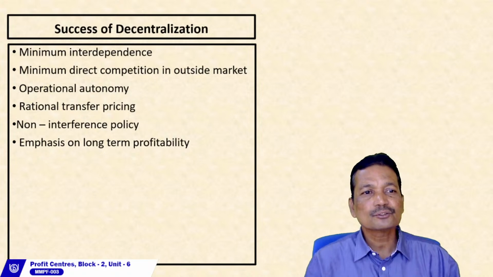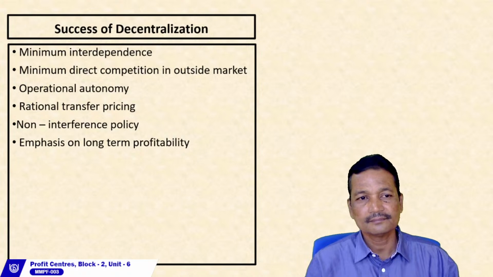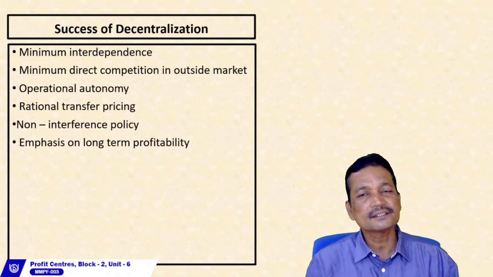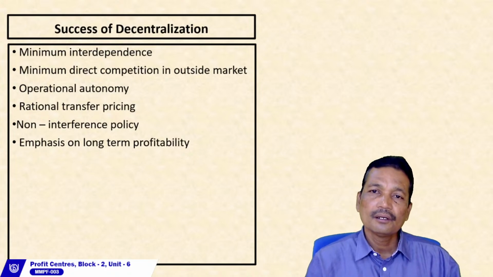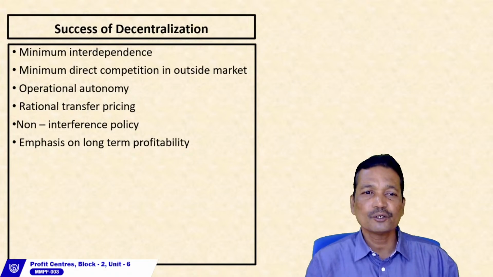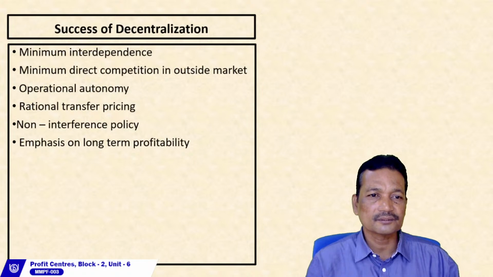The manager should have operational autonomy. That means the decision making capacity of the manager of profit centers should be based on their own choices of getting the inputs from suppliers or the markets where they will be selling their outputs.